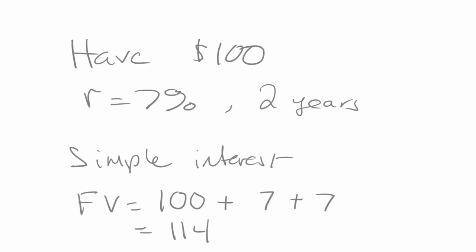What can we count on getting if we invest this in a bank at an interest rate R for 2 years? Let's say R is 7%, and we're investing for 2 years.